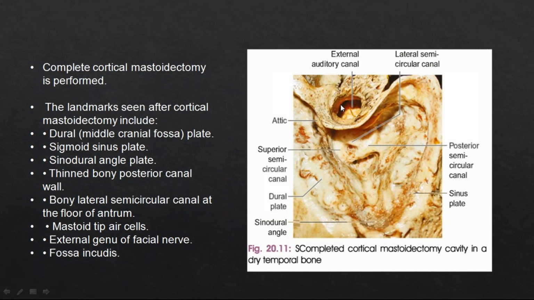This is the attic region here. From here, all this bone till here is removed in case of modified radical mastoidectomy, and the whole attic area is exposed to the outside, and by removing this, the mastoid is also exposed to the external auditory canal.